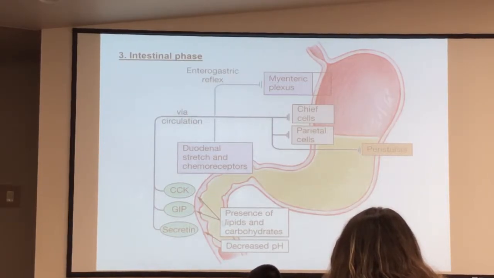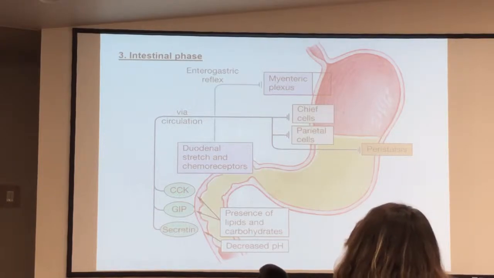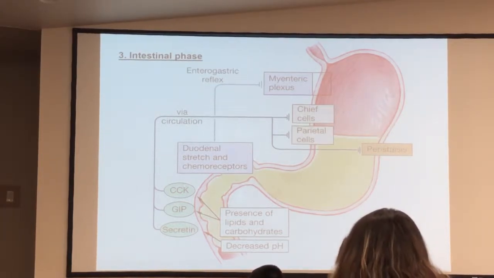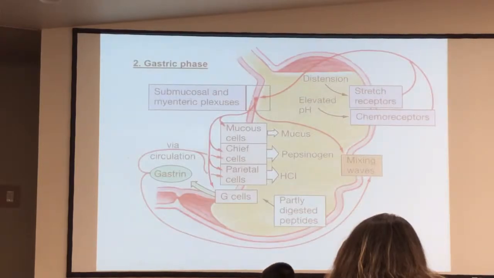Everything is negative to this one. Also, when the pH value decreases, it stimulates the duodenum, which will then produce secretin. Actually, they produce almost all at the same time. This one will be covered later on in the small intestine.